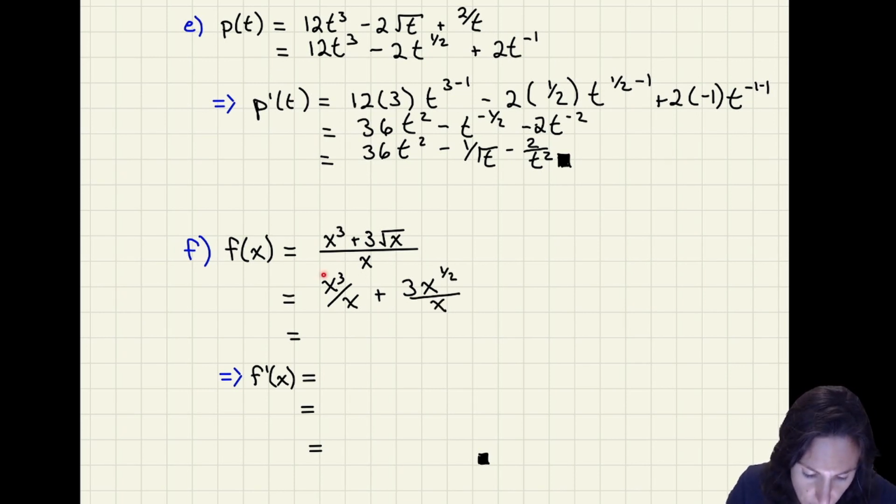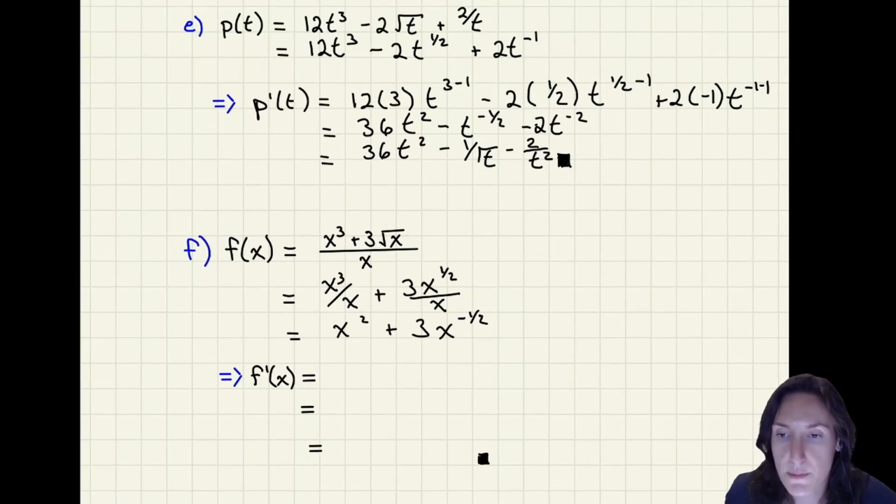This one just means x cubed minus 1, so this is just x squared, plus 3, x to the 1/2 minus 1, so this is -1/2. And now it's in a form where I can take the power rule directly.